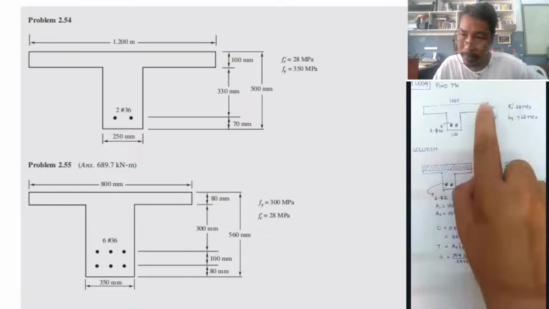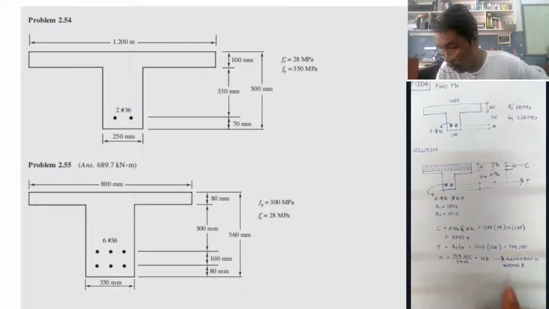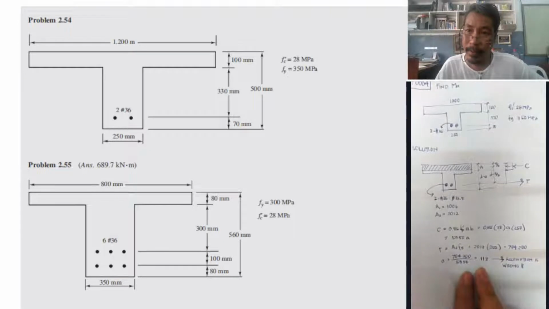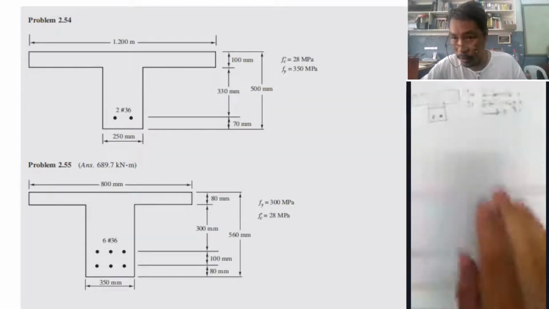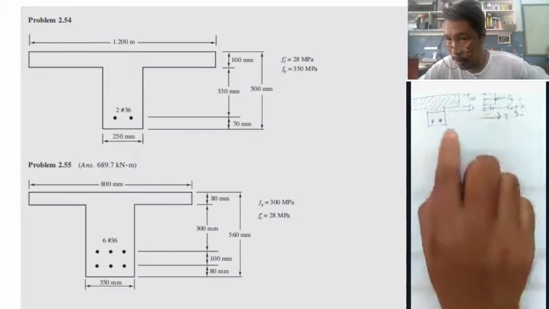This is 180, more than 100. So this assumption is wrong. We do not know if this is really the value of A, so we have to make the correct assumption. So this is the next assumption that we draw.